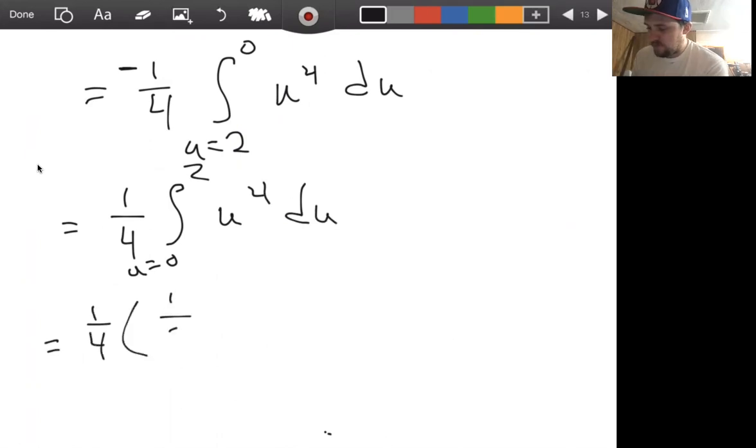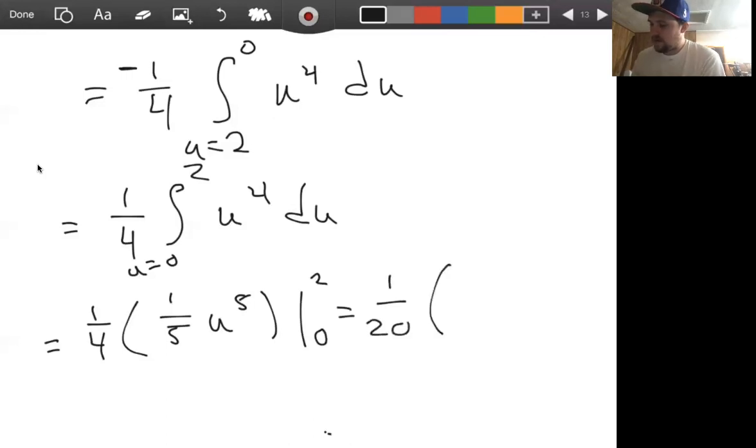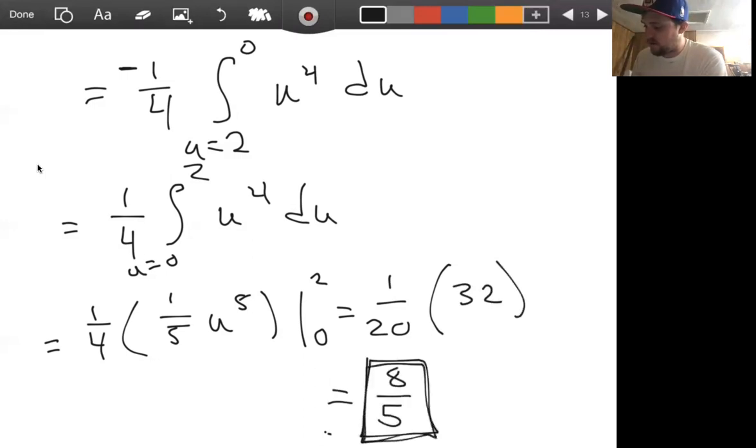which is 1/4 times 1/5 u to the 5th after integrating from 0 to 2, which is 1/20th times 2 to the 5th minus 0, and 2 to the 5th is 32. And so 32 over 20 simplifies to 8/5 because they both have a 4 in common.